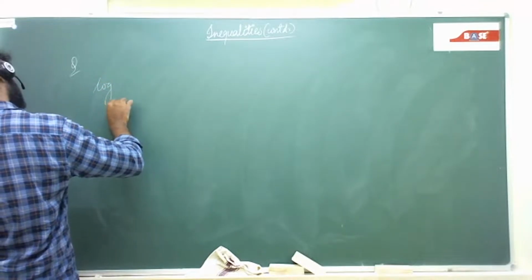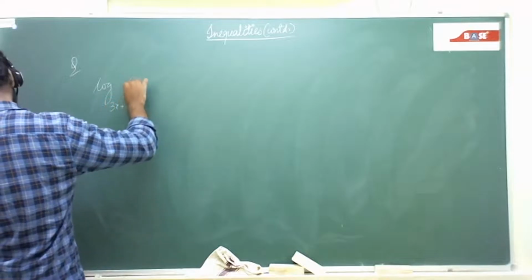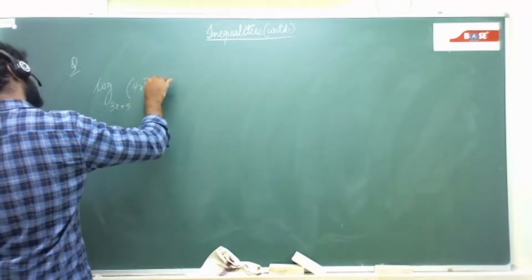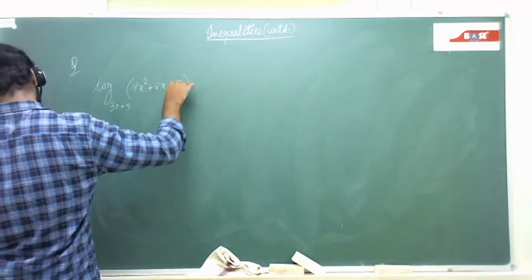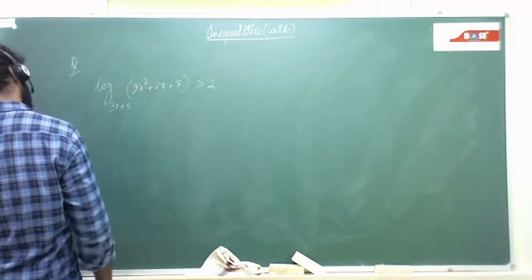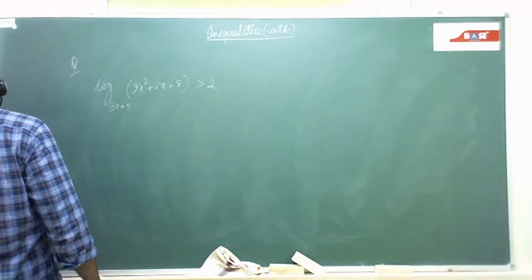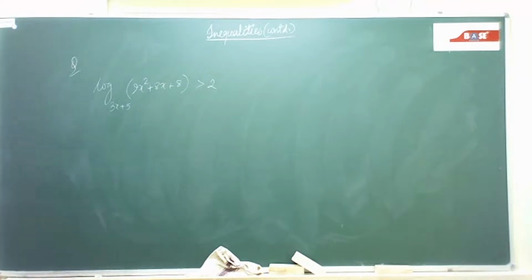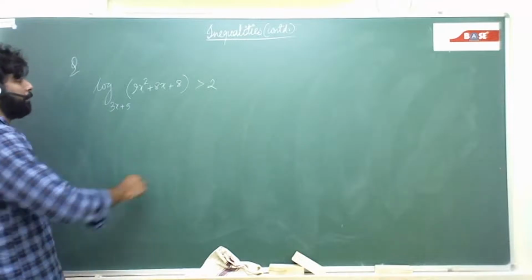So we have log base 3x plus 5 of 9x square plus 8x plus 8 more than 2. That's 9, right? 9x square plus 8x plus 8. Fine then. We have two cases to do it again.